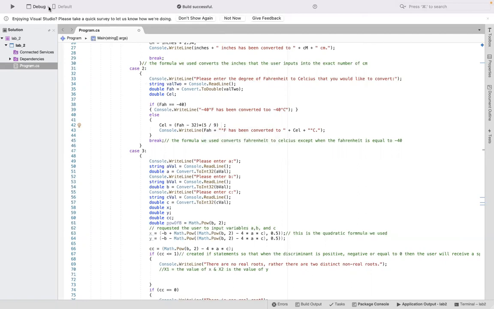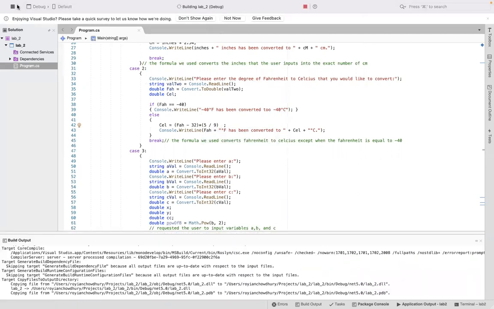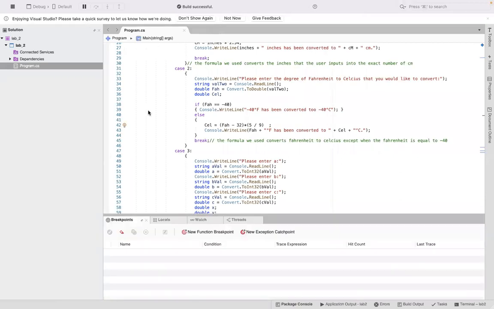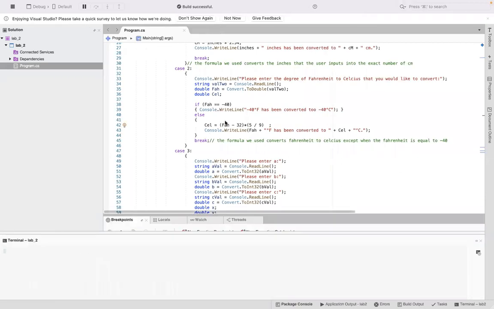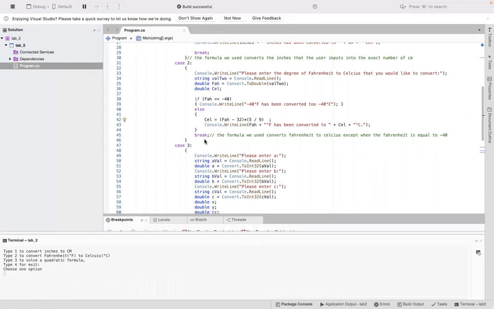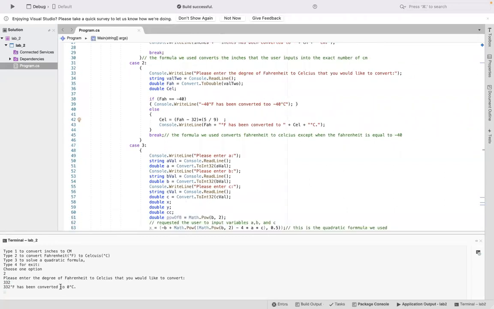Okay, we'll try it one more time. Maybe I typed it wrong, I don't know. Please enter the degree in Fahrenheit. So 3. What?